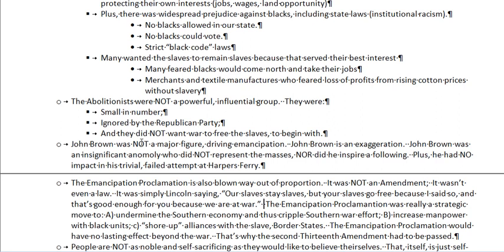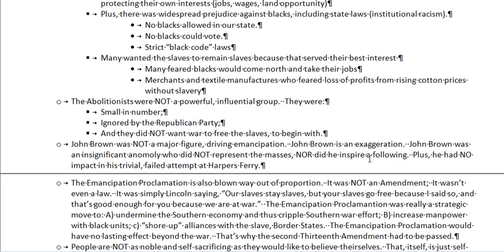All right, now John Brown. John Brown was not a major figure driving emancipation. John Brown is an exaggeration. He is a historical distortion. John Brown was an insignificant anomaly who did not represent the masses, nor did he inspire a following.